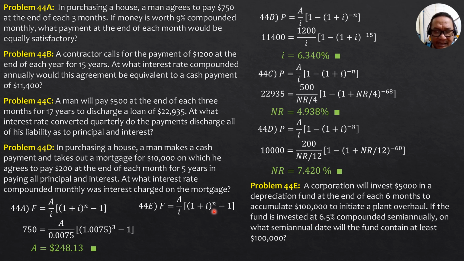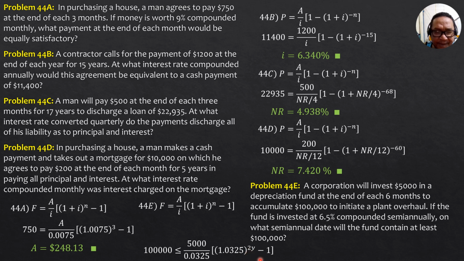Then n is equal to 2 times y. So substituting: 100,000 is less than or equal to 5,000 over 0.0325, quantity 1.0325 to the 2y minus 1.